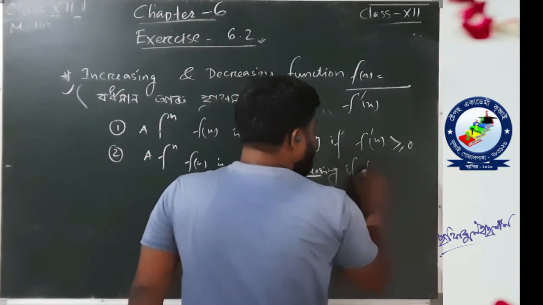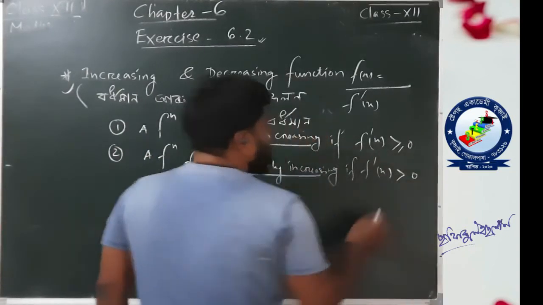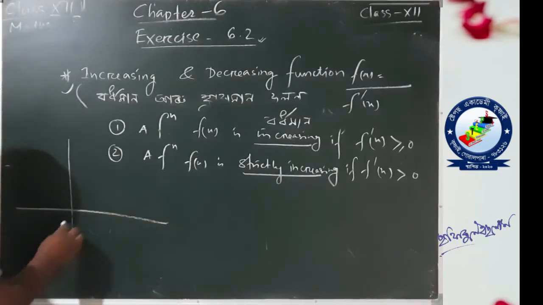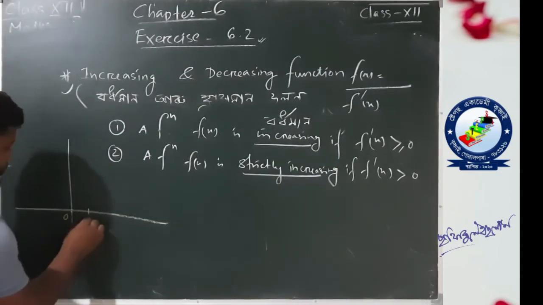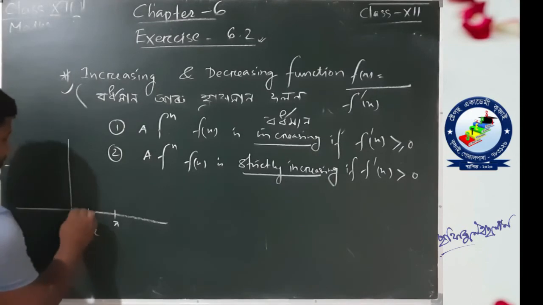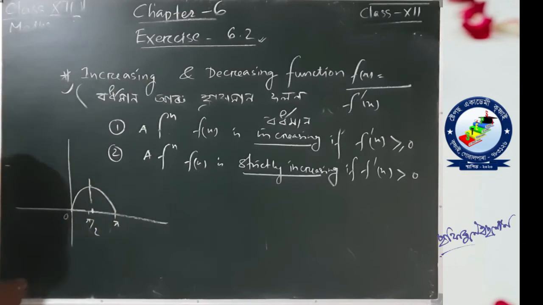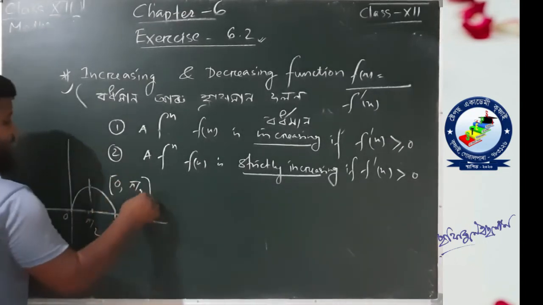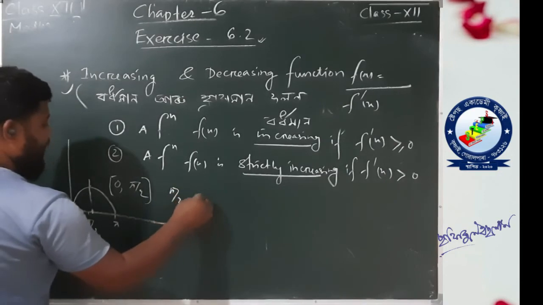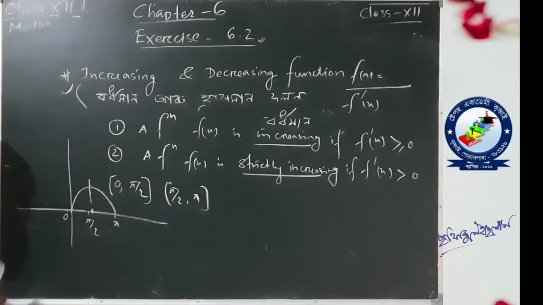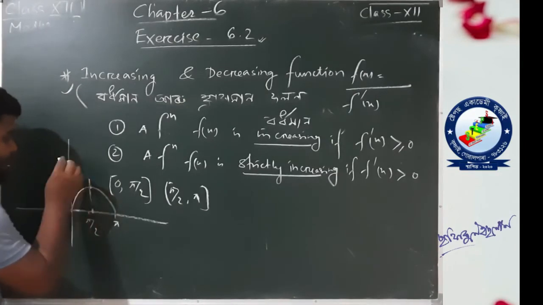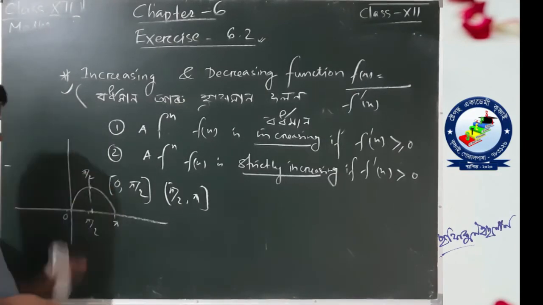Strictly increasing means it cannot be 0. Strictly increasing means f dash x is greater than 0. That means, suppose I have a graph, as I gave you, this is pi by 2 and this is pi. We know from 0 to pi by 2 the graph is increasing, again pi by 2 to pi the graph is decreasing. Now see, at the point pi by 2, is this increasing or decreasing?